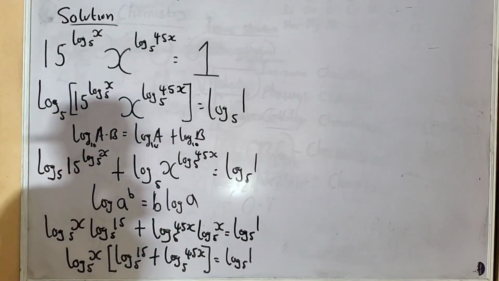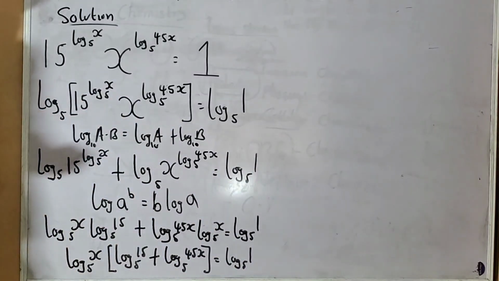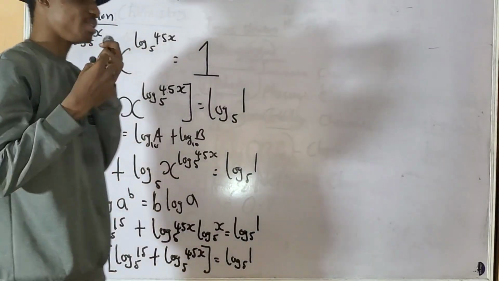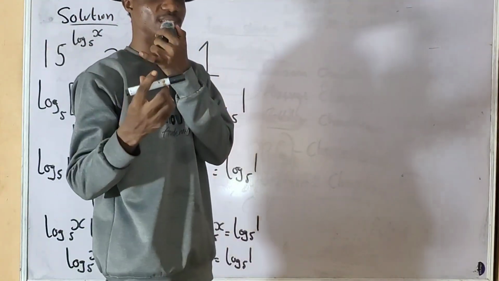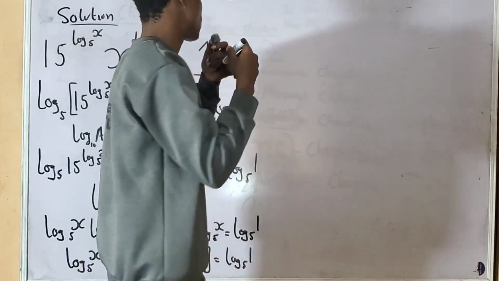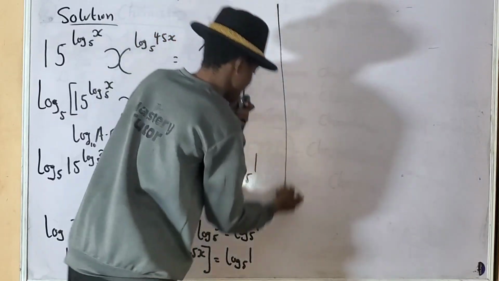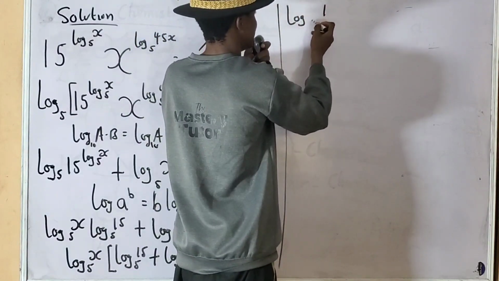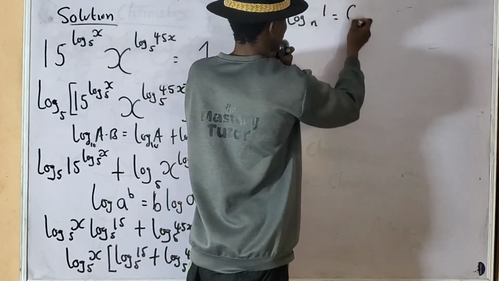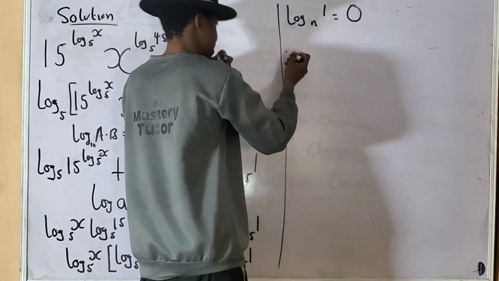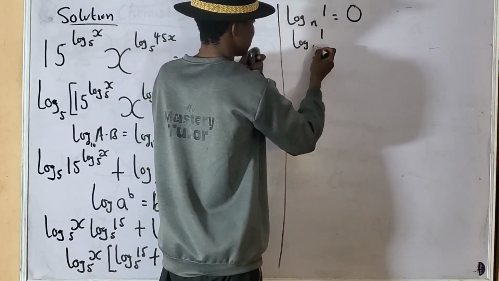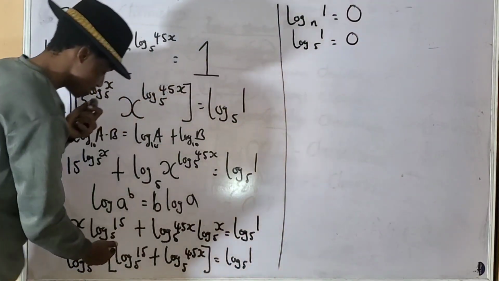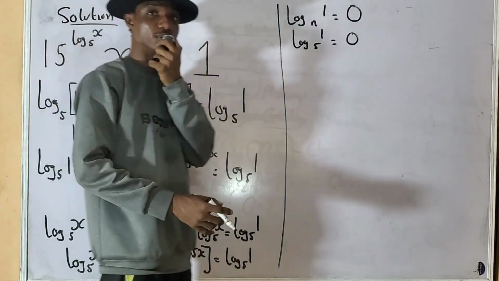When you get to this point, please pay attention. The log of 1 to any base is 0. So if I have log 1 base n, the result will be 0. So if I have log 1 base 5, the result also will be 0. So I'm going to set this logarithmic equation equal to 0.